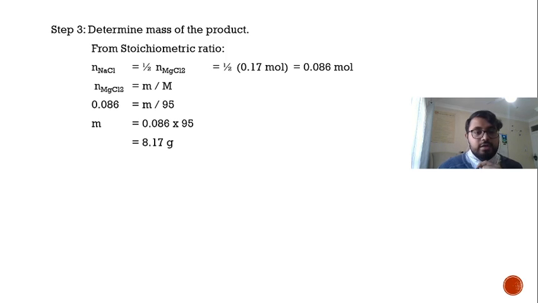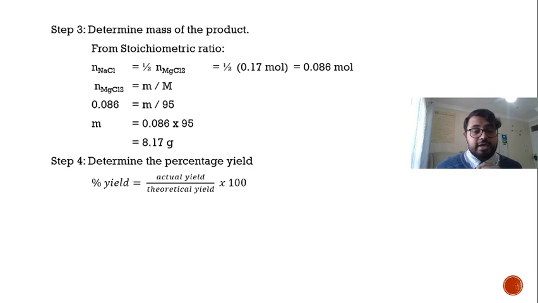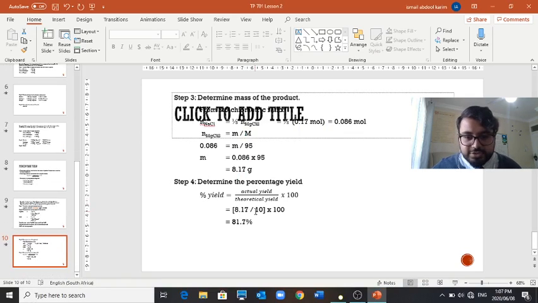As you can see, 10 grams is what she actually got, and we only calculated 8.17 grams, which means there were some lab discrepancies. Percentage yield equals actual yield over theoretical yield. Oh, we need to change this.